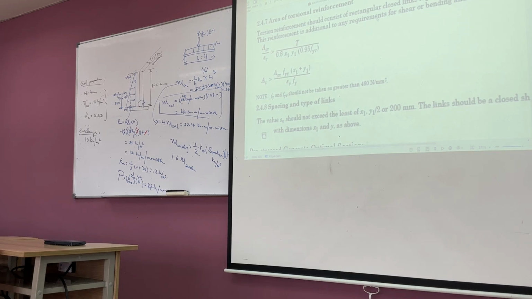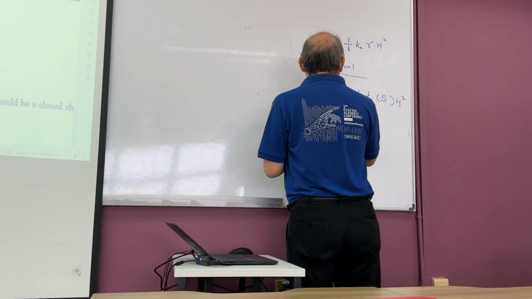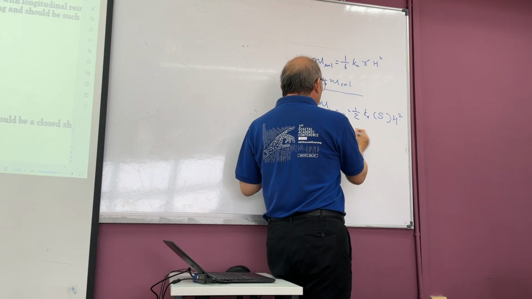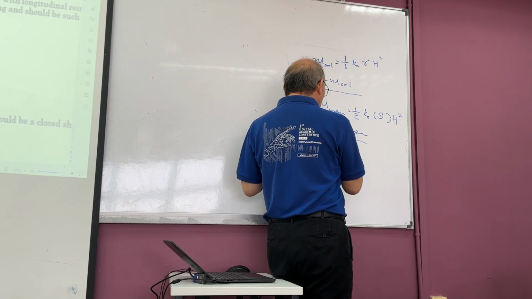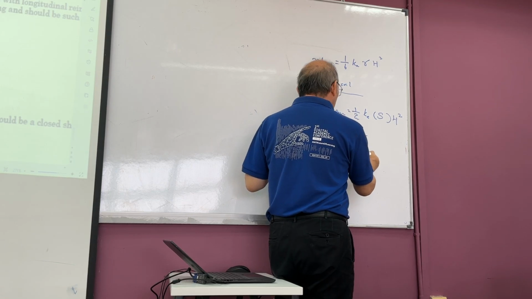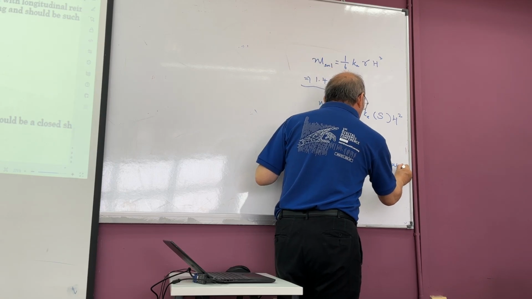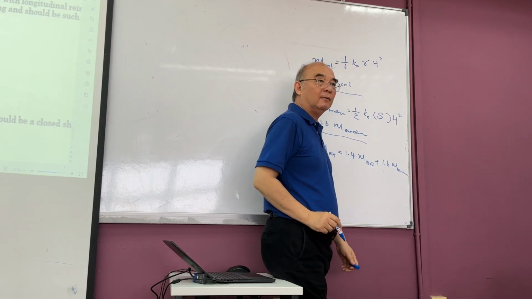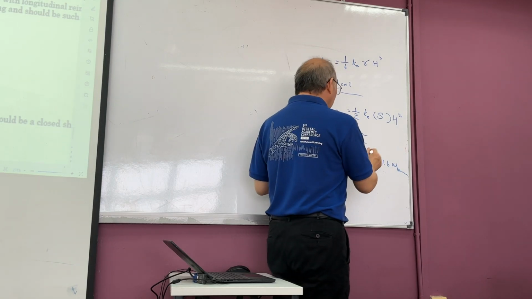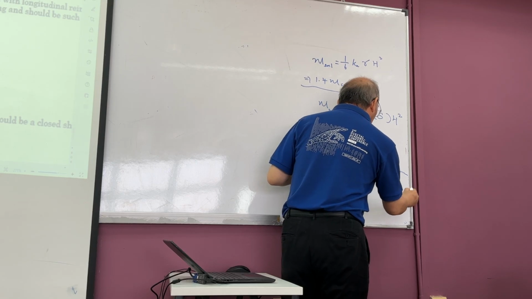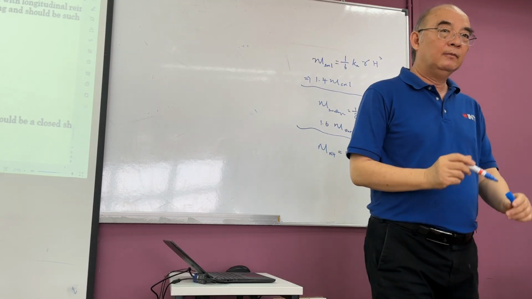Okay? Alright. And then you do the 1.6 M surcharge. Okay? Alright. So the total ultimate moment is equal to 1.4 M soil plus 1.6 M surcharge. Understand? Okay? So this unit should be kilonewton meter per meter width. Understand?